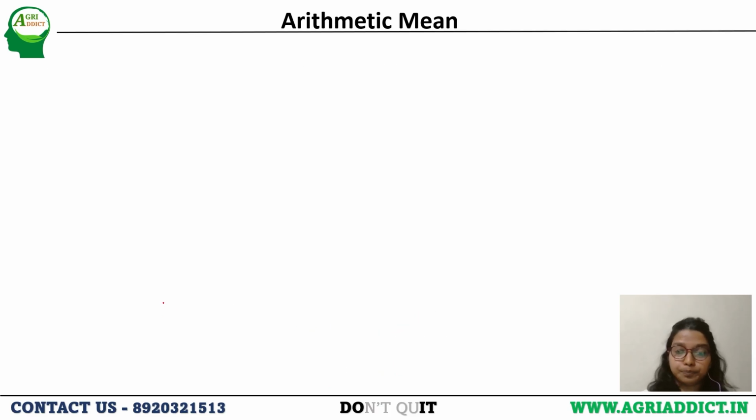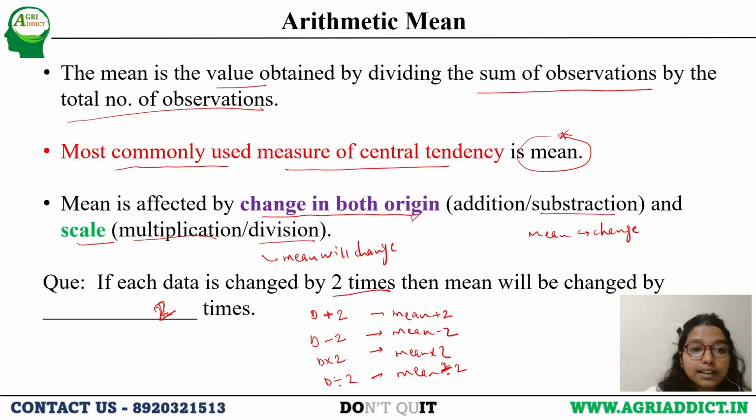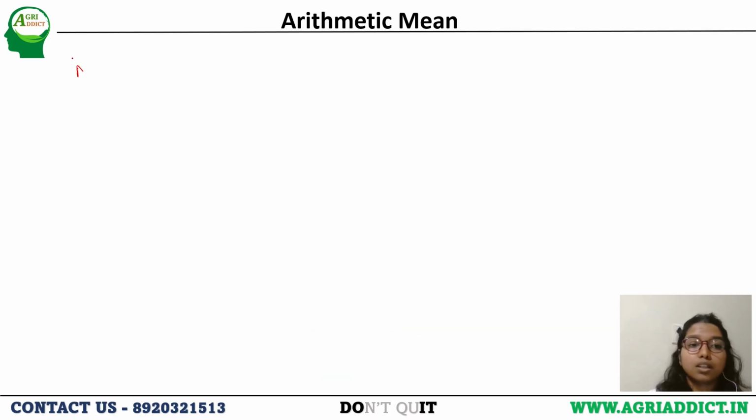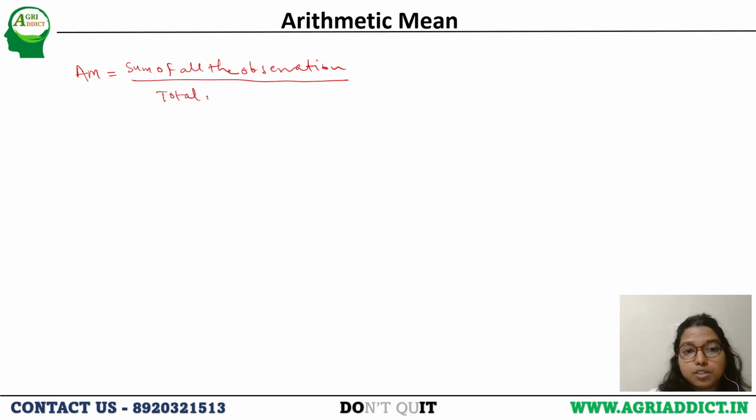Okay, let's move. Here we will derive the equation from the previous definition. Arithmetic mean is the sum of all the observations divided by the total number of observations.